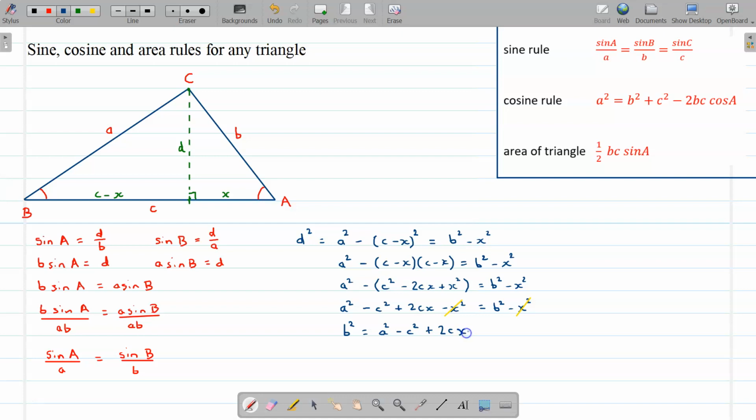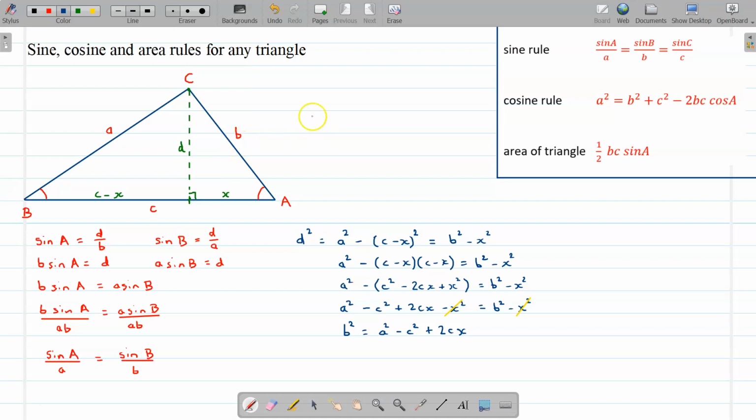Okay. Now, what I need to do now is recognize that 2cx can be simplified because x can be written in terms of cos A and B. All right, so let me show you what I mean. If I look at this right angle triangle here, I can see that the cosine of A is the adjacent over the hypotenuse.